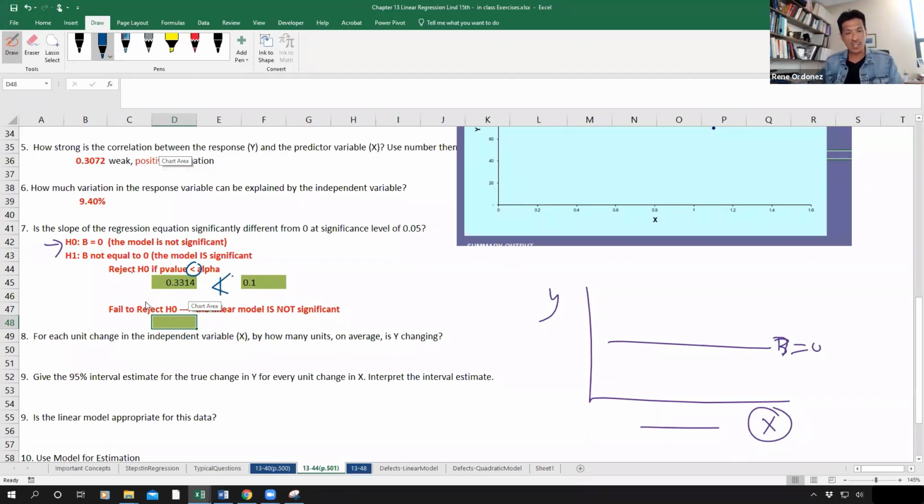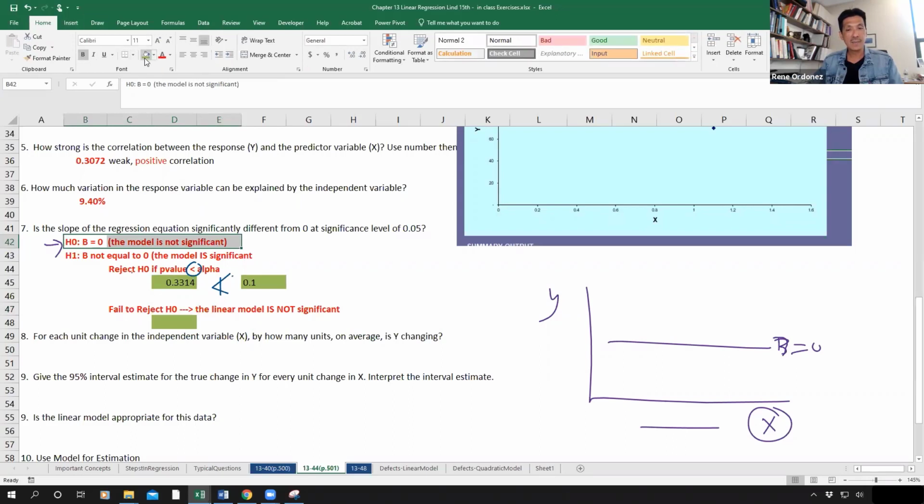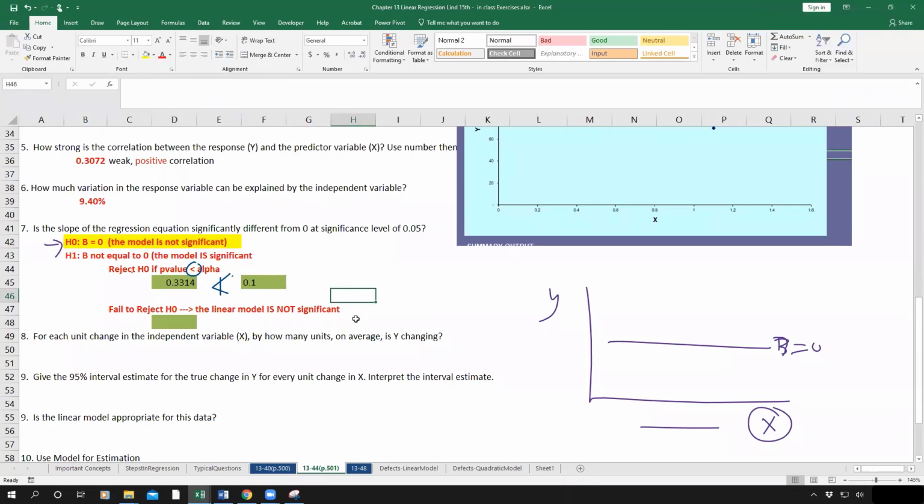Because it is false, we will fail to reject H0. In other words, based on the data that we have, we cannot reject this null hypothesis. Does that make sense? Yes, thank you. Okay, you're welcome.